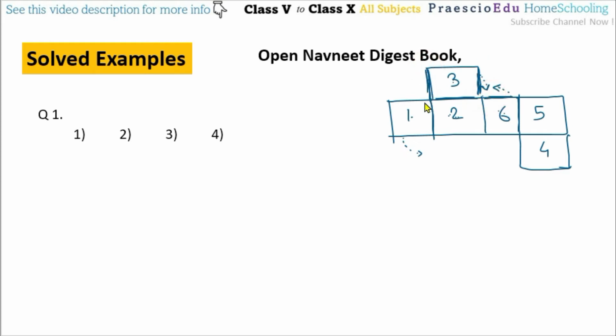After this folding, 5 will go to the back, means 2's opposite will be 5. And this 4 will fold like this and be at the bottom side, so 2's edge and 4's edge will meet at one edge. So 2's opposite, at the back side, will be number 5, and this is given in option number 4.